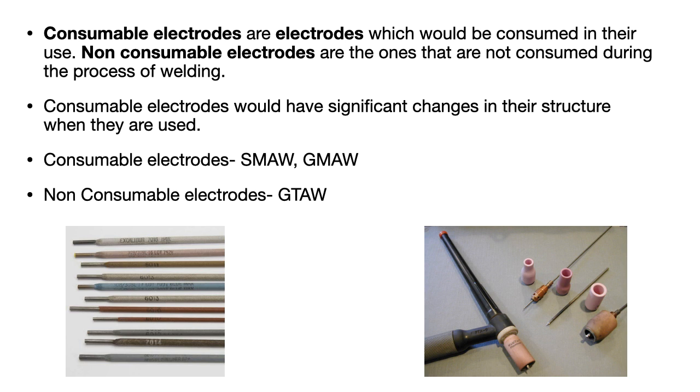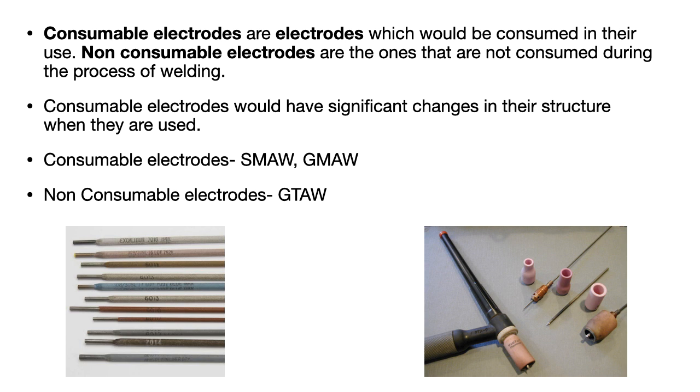So technically the structure of the electrode will keep on changing. If you have a particular length of electrode, as it is getting consumed it will naturally get reduced, as well as melted and form a part of the weld which is produced.